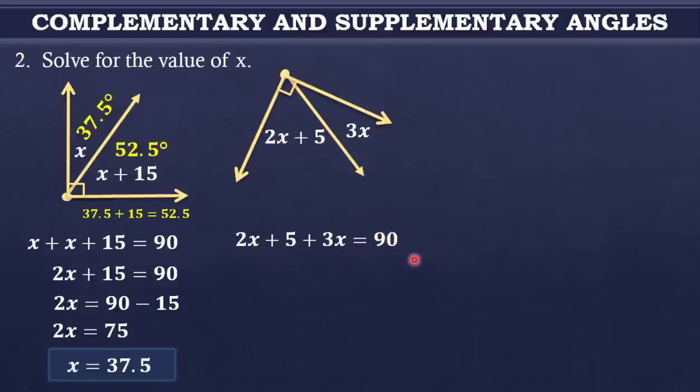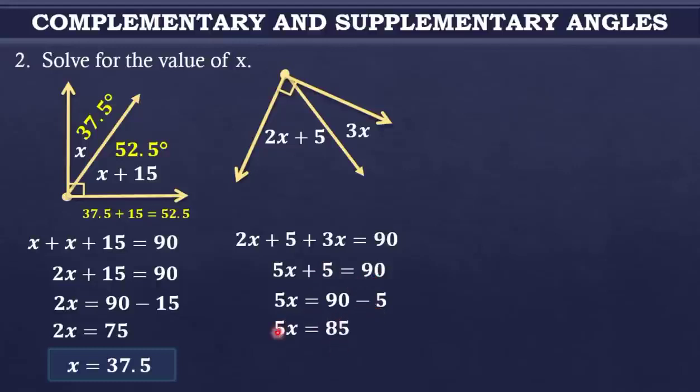So, by combining similar terms, 2x plus 3x, that is 5x. Okay? So, 5x plus 5 is equal to 90. Now, transpose natin. So, we will have 5x is equal to 90 minus 5, so that is 85.